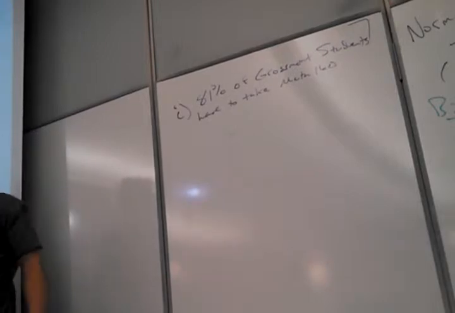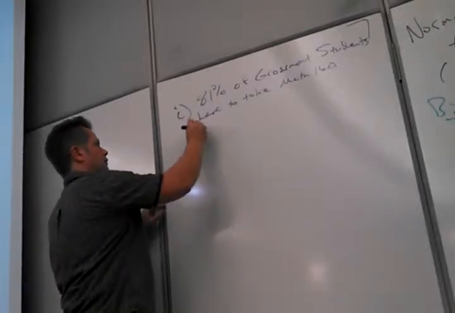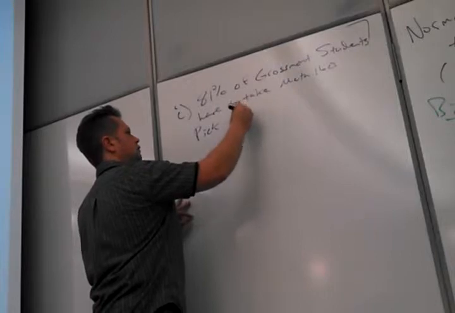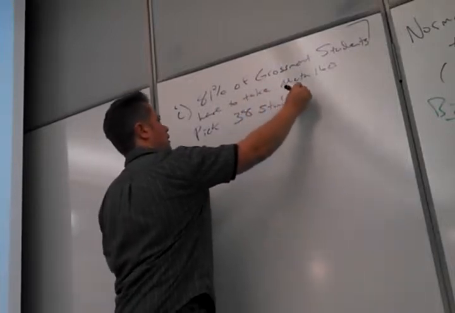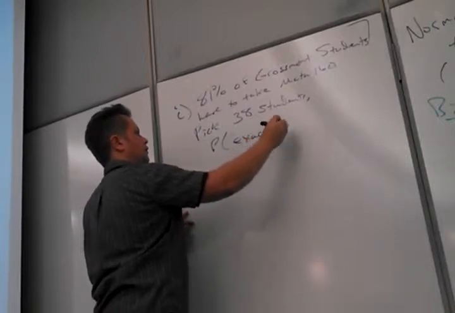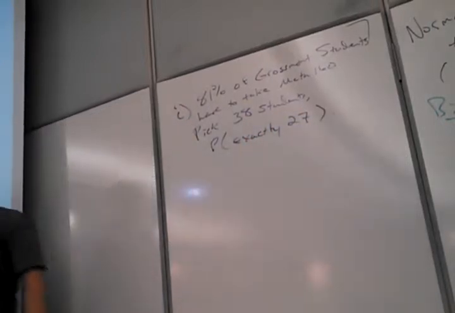That's probably a little high, but a lot of people do. So if we pick 38 students, what's the probability that exactly 27 will need to take stats?